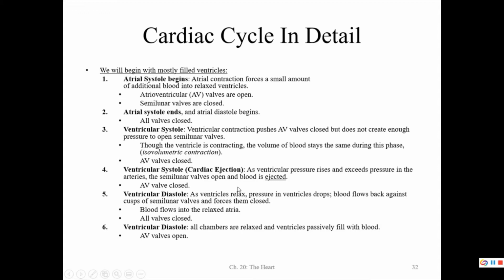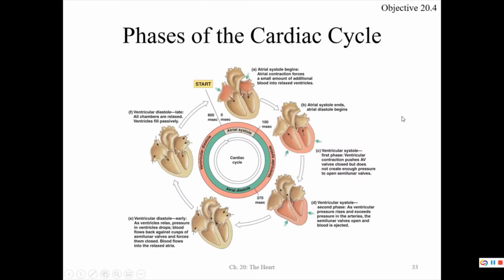And you can actually begin to see that, if we start here with a mostly filled ventricle, the atria will squeeze and push the remaining amount of blood into the ventricle.